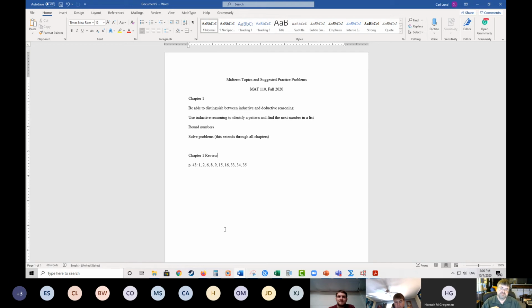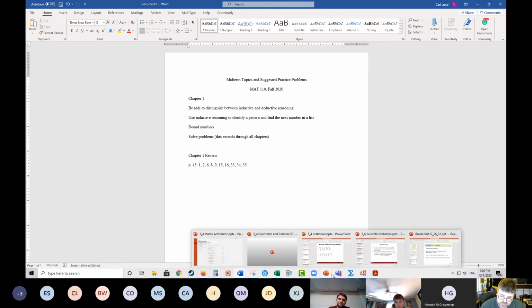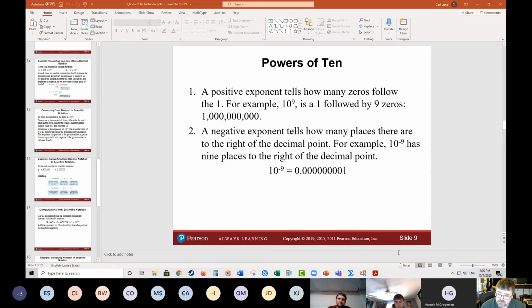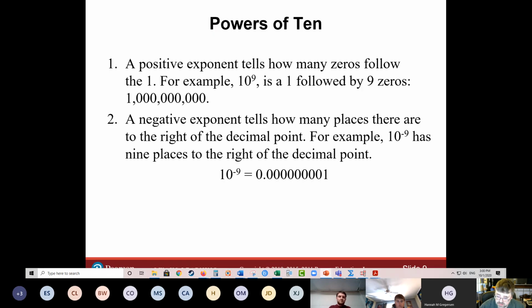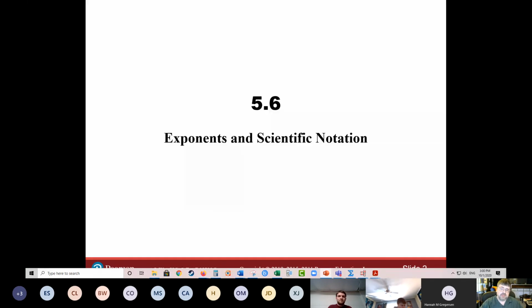All right, we then are going to finish today by talking about exponents. And so this is chapter 5, section 6, exponents and scientific notation. You've dealt with exponents before.